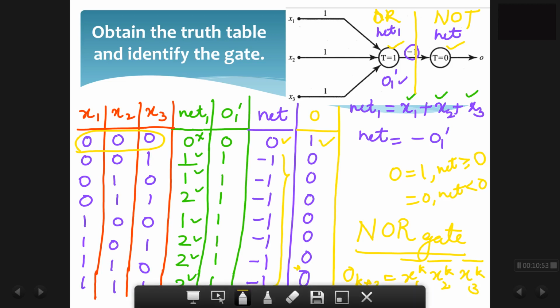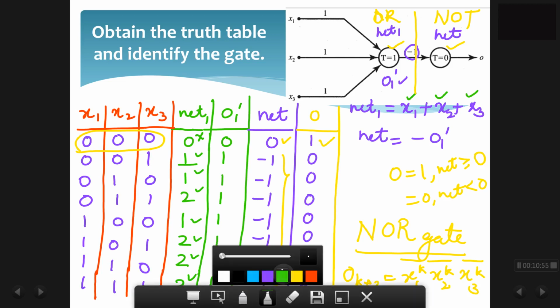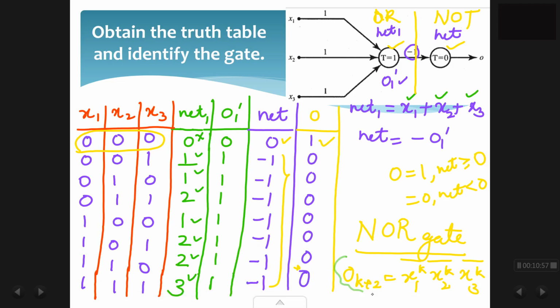Why have I written it in this way, why is it k plus 2? It is k plus 2 because the output is obtained after 2 neurons or 2 stages of neuron. This is the first stage of neuron, this is the second stage of neuron. In the previous problem also there were 2 stages, so in that case also you can write the output in this particular way. This is the equation for the NOR gate.